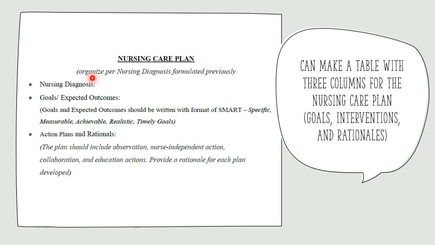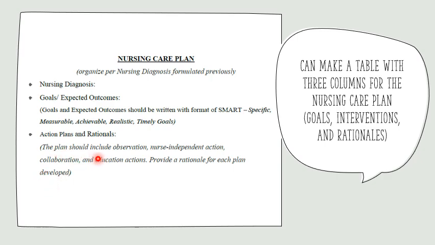Next one, you make a nursing care plan. You organize per nursing diagnosis that you have already formulated previously, and then you do the goals and expected outcomes in another column, and then you put the action plan and the rationales.